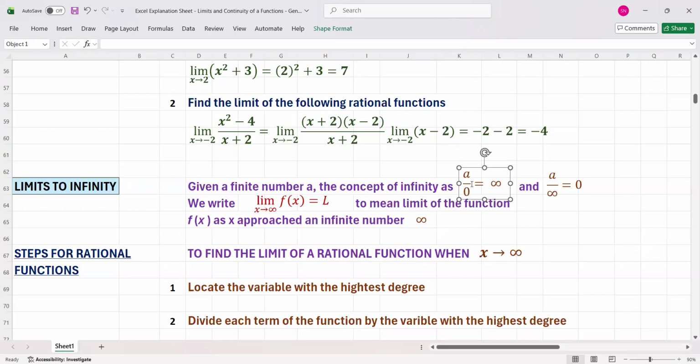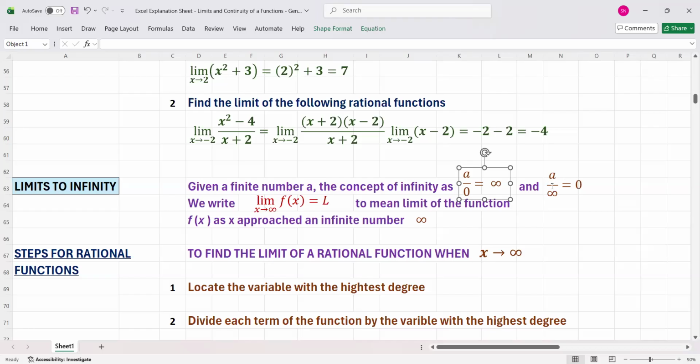So that's a property in limits. This only applies to limits. It's not in normal algebra. In algebra, 2 over 0 will be undefined, or a function with a denominator being 0 will be undefined. But in limits, we are allowed to write things like this. So take note, when your denominator is 0 for a limit function, then that function must approach infinity.